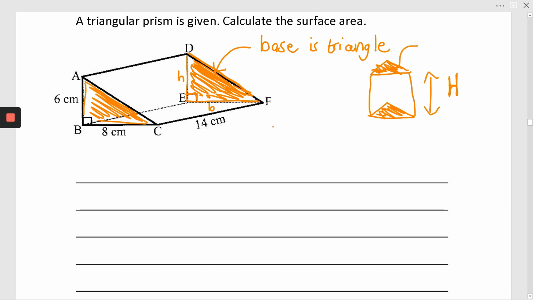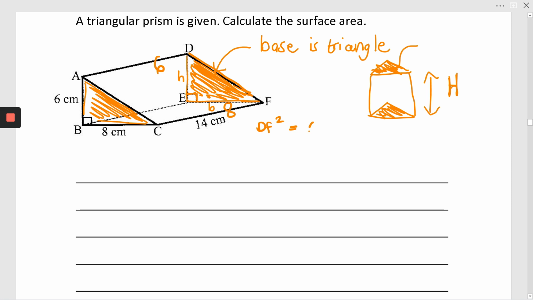So the first thing I'm going to do is a little pre-calculation, and I'm going to say DF squared, or I could say AC squared, equals, remember that will also be 8, and that will also be 6. So I'm using the other triangle, but I know that the measurements are identical to triangle ABC.